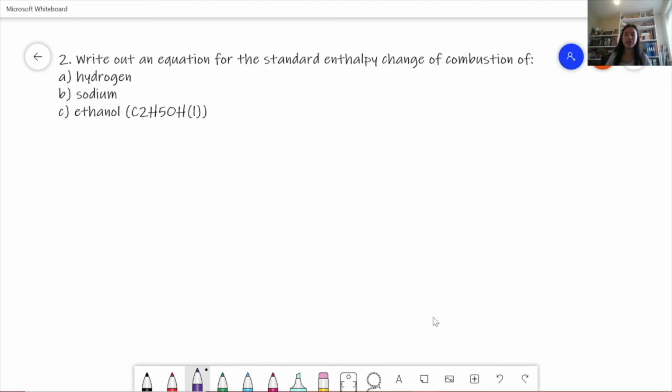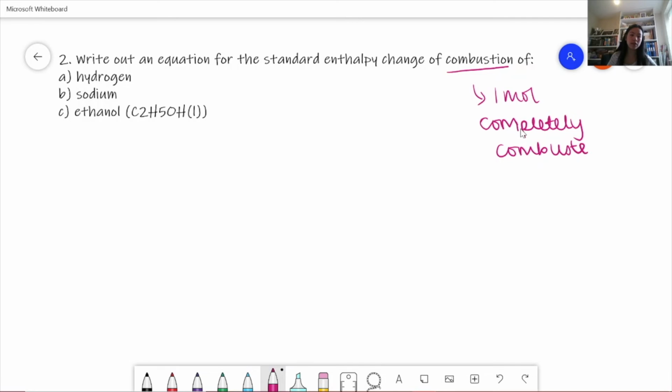For the second question, we're asked to write out equations for the standard enthalpy change of combustion. And the definition of standard enthalpy change of combustion is that 1 mole is completely burned, combusted in oxygen.